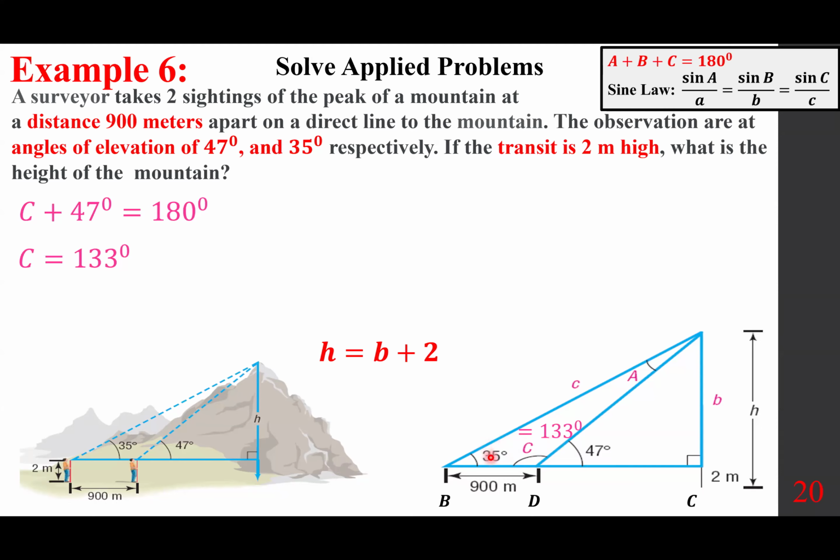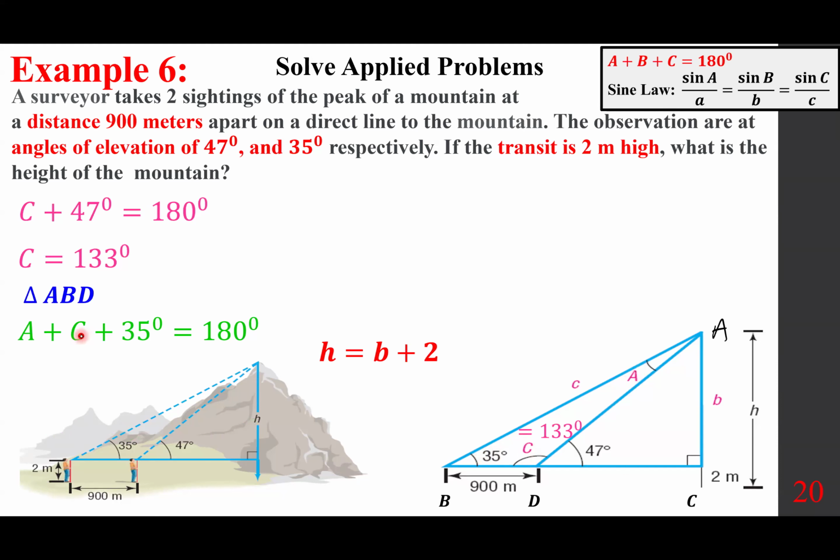So this is 35 degrees. This is 133 degrees. If you look at this triangle, this is A, everybody. A, B, D. 35 plus C plus A is 180.